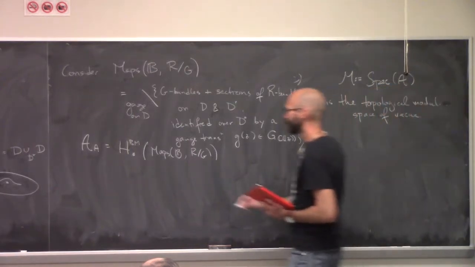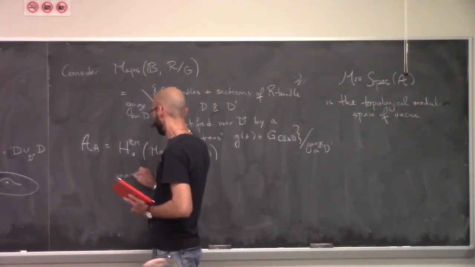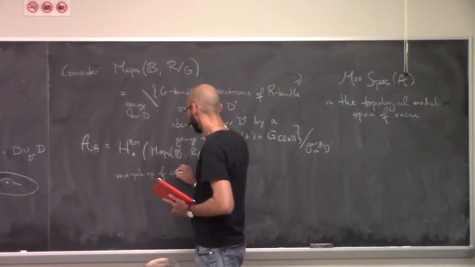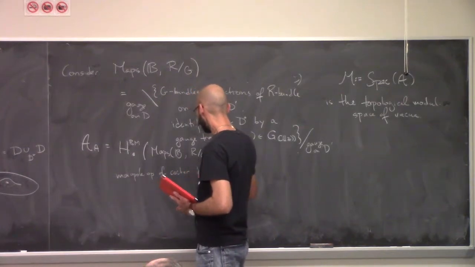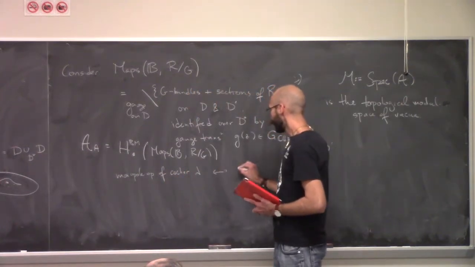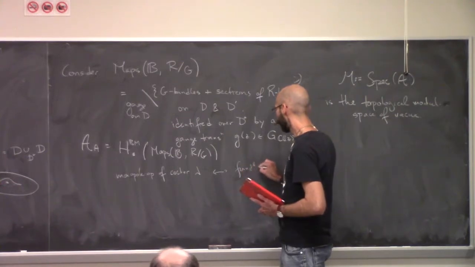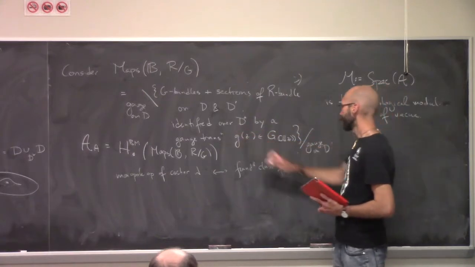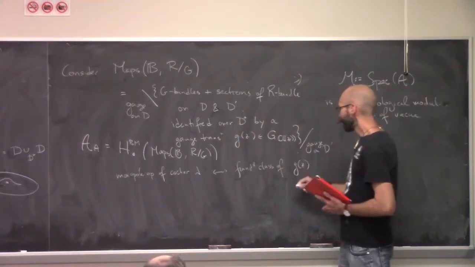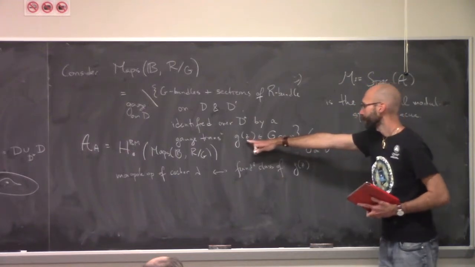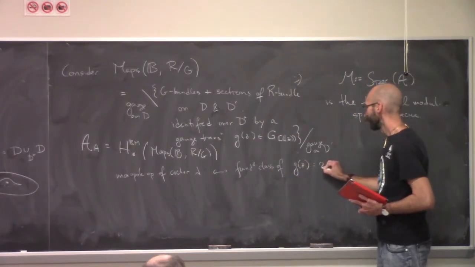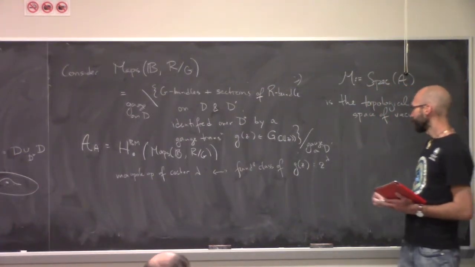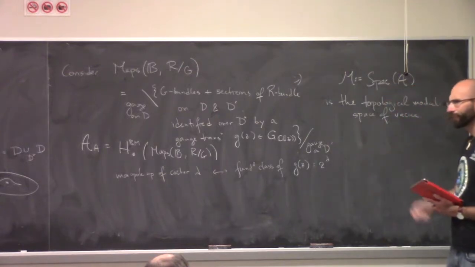And the monopole operator of co-character lambda corresponds to the fundamental class, it's really the orbits, but it's a fundamental class defined by setting this gauge transformation to be z to the lambda. In other words, some diagonal matrix with singularities.